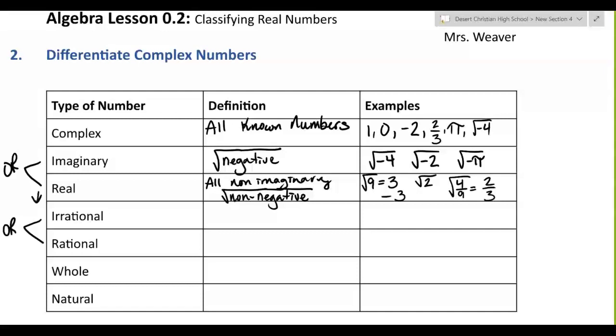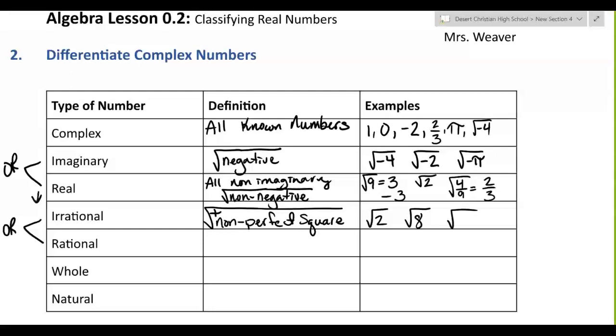Okay? Irrational numbers are a square root of a non-perfect square. Okay? Anything that's a square root of a number that's not a perfect square. So that's our radical 2, radical 8. By the way, it has to be a positive one.